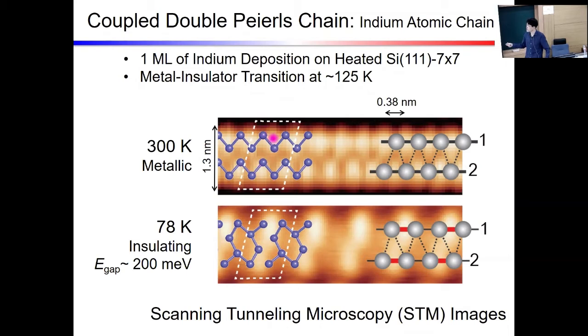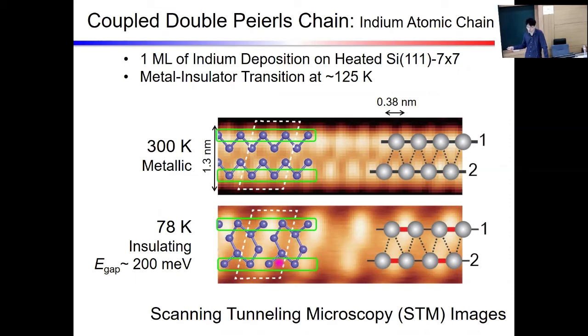So this is a metallic phase. They have equal distance, but when you cool down, if you focus on the outer chain, it becomes shorter distance, longer distance, shorter distance, longer distance, alternately. That is the dimerization effect. And an additional shear phonon makes this whole structure a so-called hexagon structure.